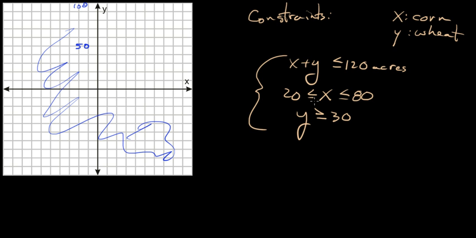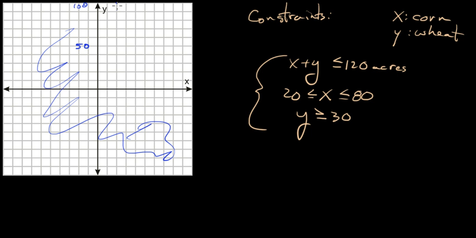All right, let's look at this. If we take x plus y less than or equal to 120 acres, then I can say y is less than or equal to negative x plus 120. Well, 120 would be up above here. Negative x means I would be going down this way, and right about here I think it would end up.